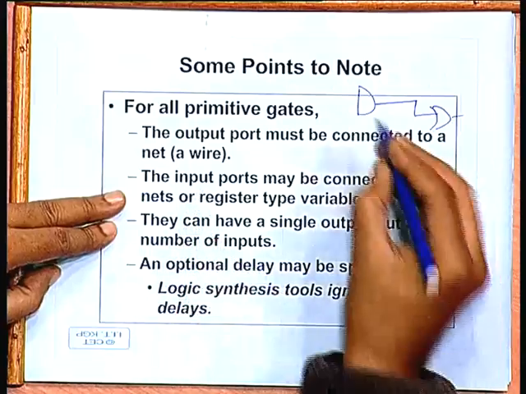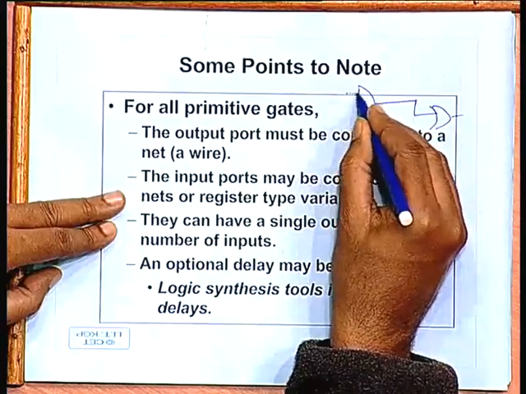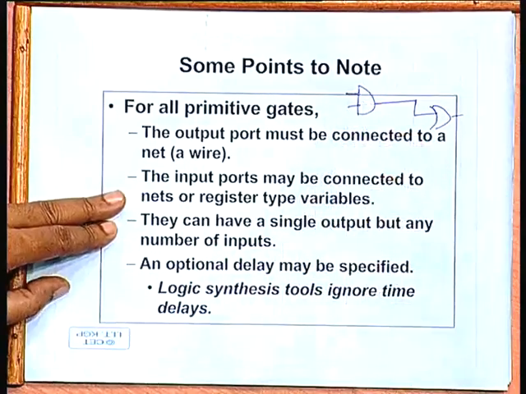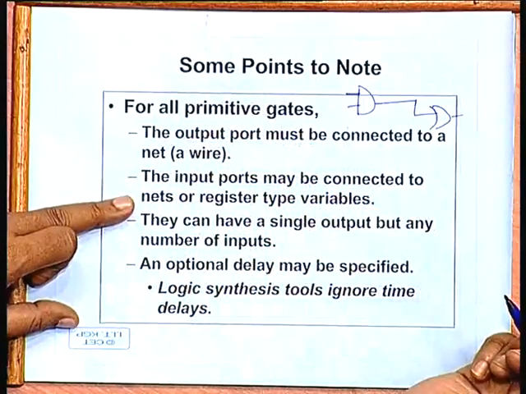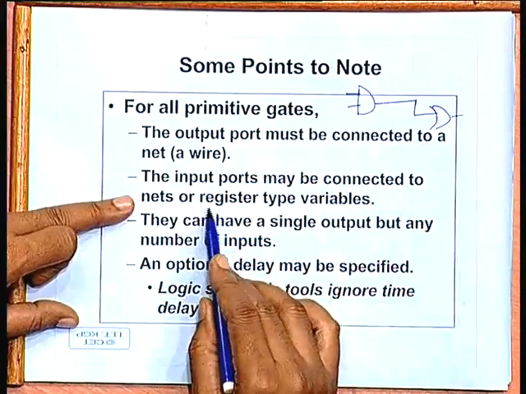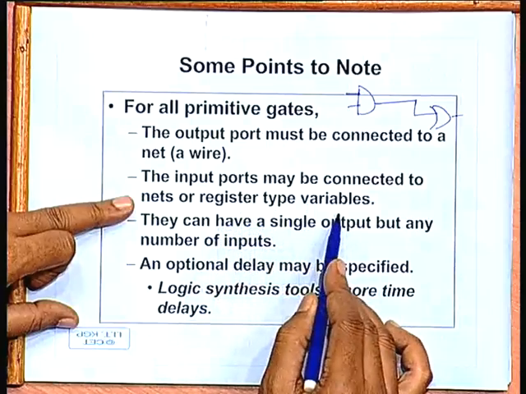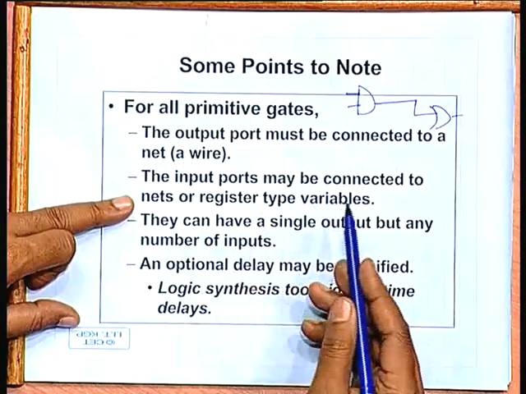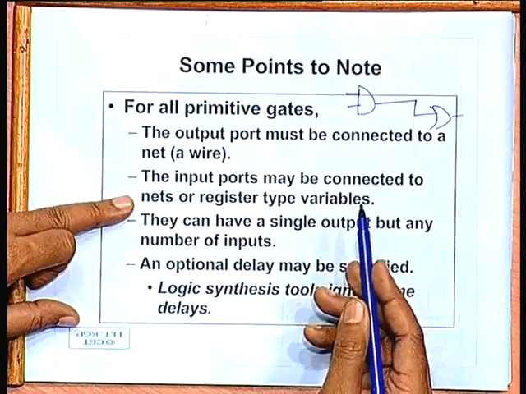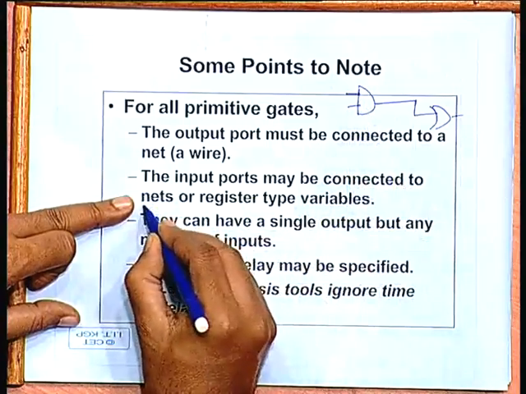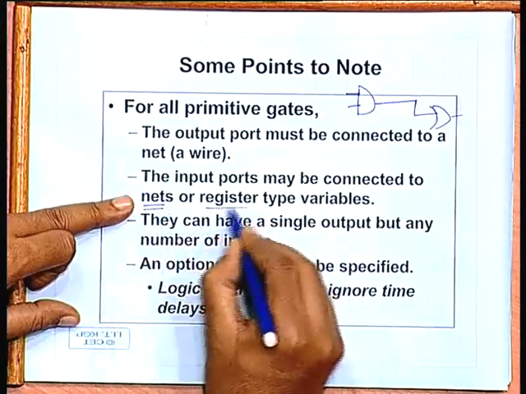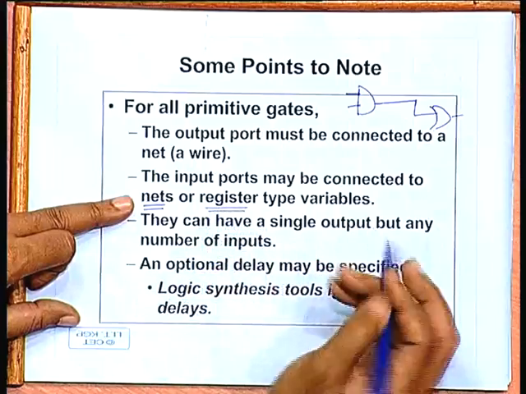Now, the input ports for each gate, the inputs which are coming, can again be nets which are coming from the outputs of some other gates, or they can be register type variables which are possibly coming from some register or flip flop or latches. So, the input ports to a gate can be of net type or it can also be of register type.